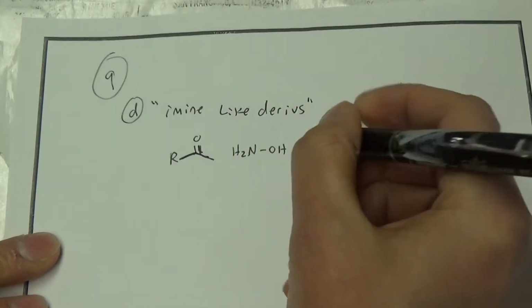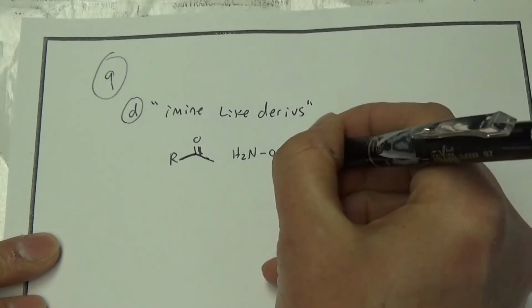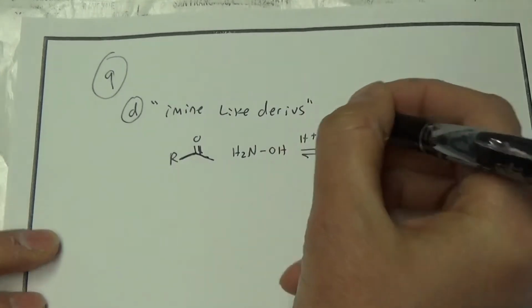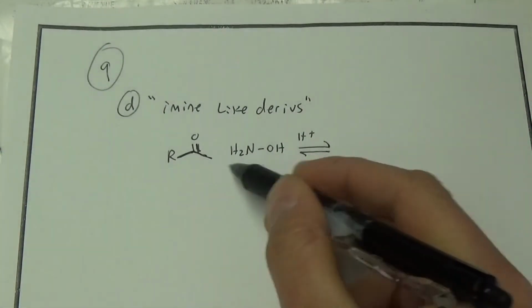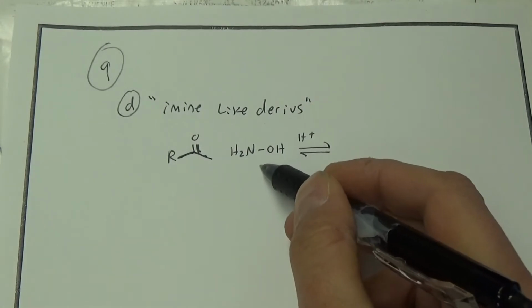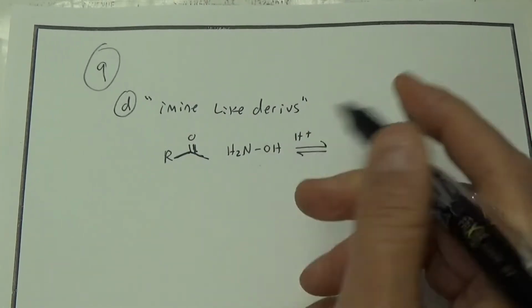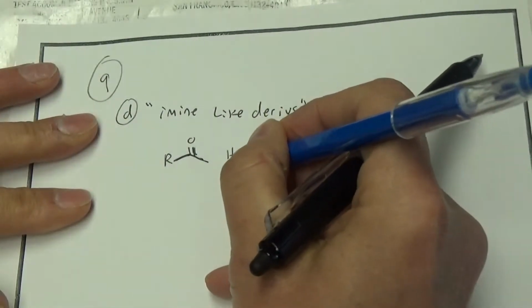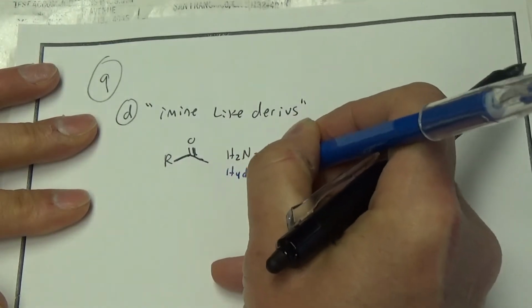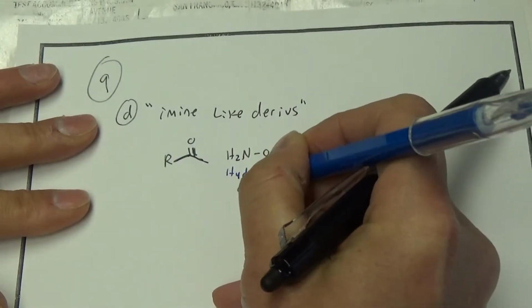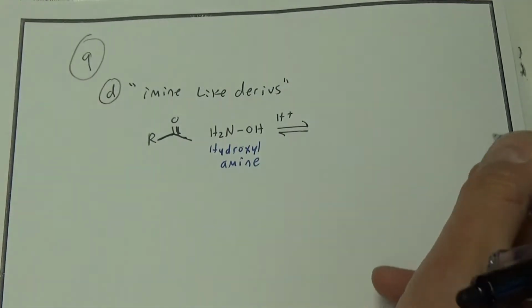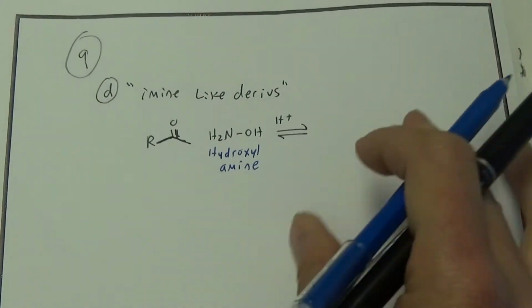One is if we react a ketone or aldehyde with this stuff, it's called hydroxylamine. Hydroxylamine. What do you think it makes? Any guesses?